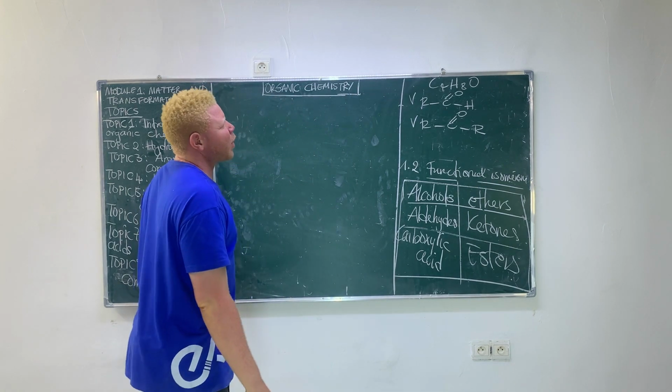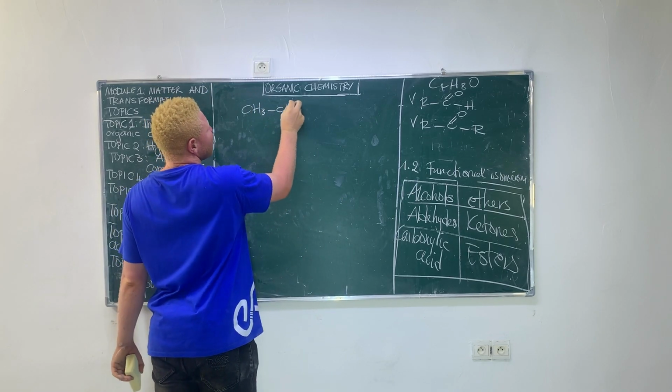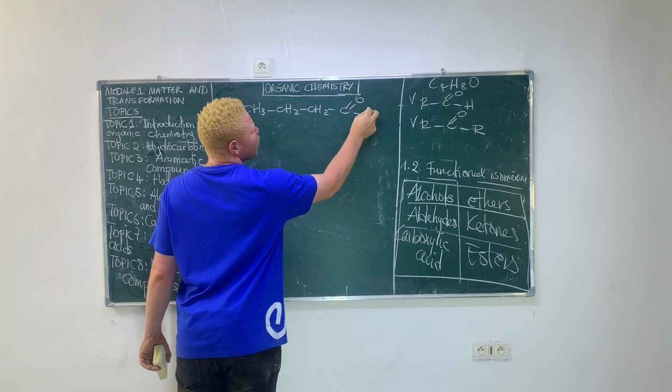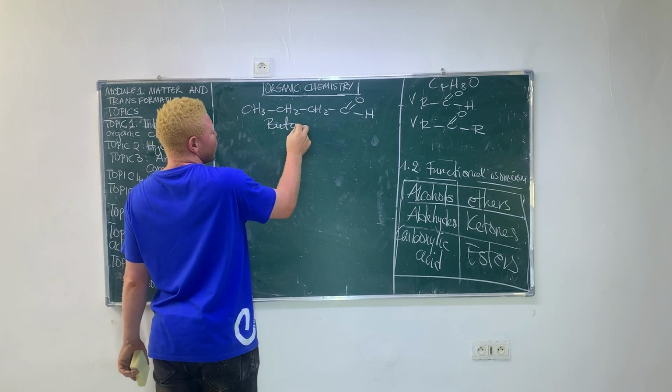So the compound is a 4 carbon compound, so having CH3, CH2, CH2, CHO. So here is the aldehyde, butanal.